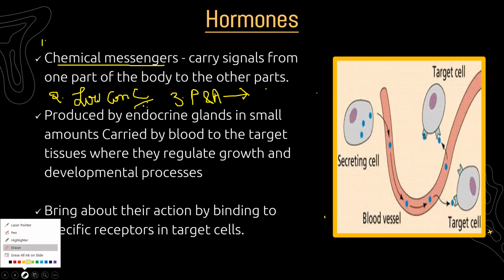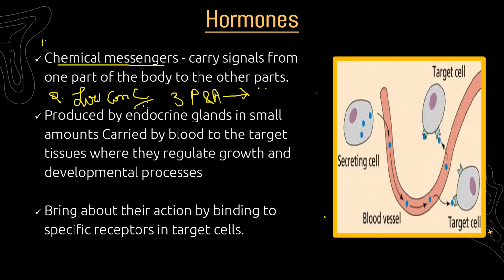And the most unique statement every student has to remember for the exam is this. You all commonly know, what is the stream of transport of every hormone in the animal or human body? Blood. So blood is their stream of transport.